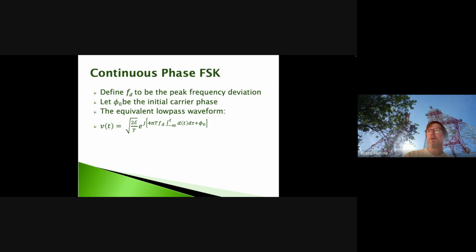So now we're going to have this peak frequency deviation, this pulse stream, and an initial phase, and all this is in the argument of this complex exponential. So all this represents phase, but we're integrating from minus infinity up to a particular t.